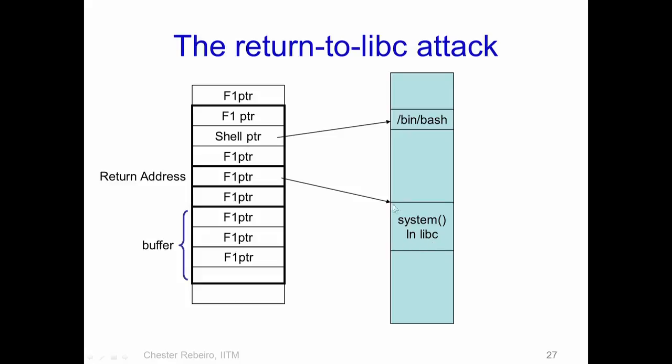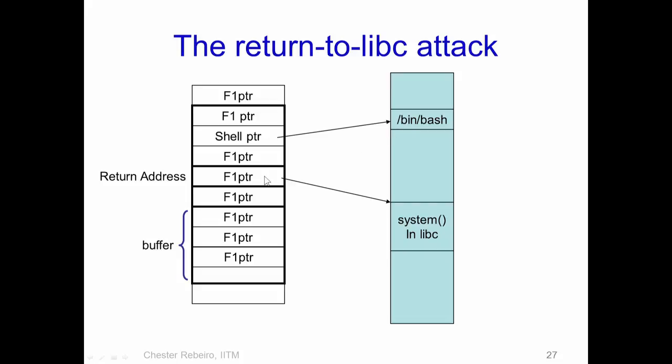Second, what the attacker needs to do is to pass an argument to the system function which essentially has an executable name. So, essentially somewhere in your address space, the attacker needs to find this particular string being present, that is /bin/bash or /bin/sh, and fill in the stack with a pointer to this particular string.